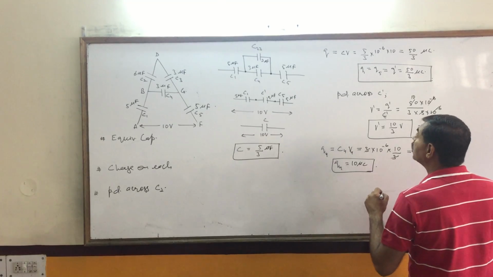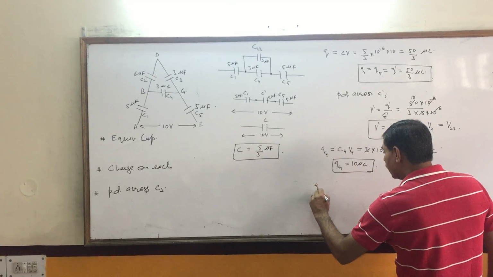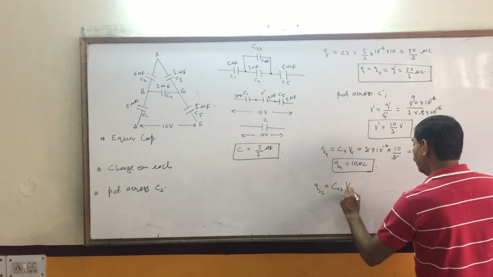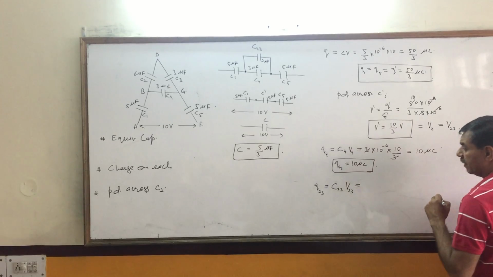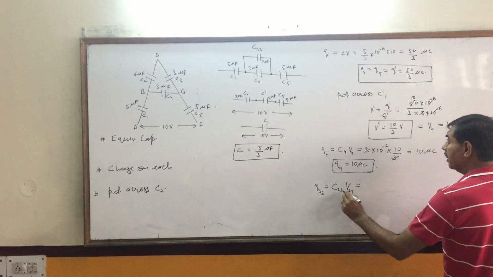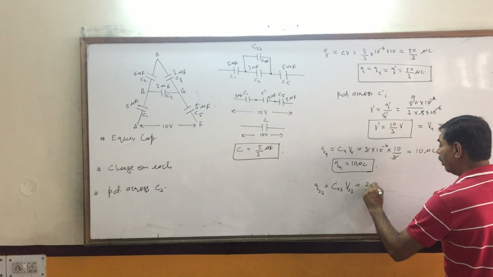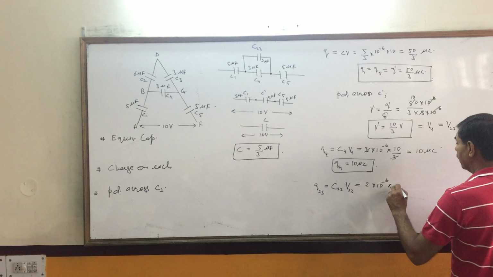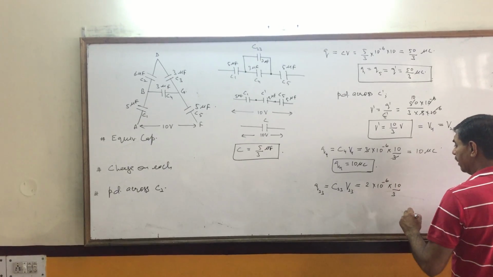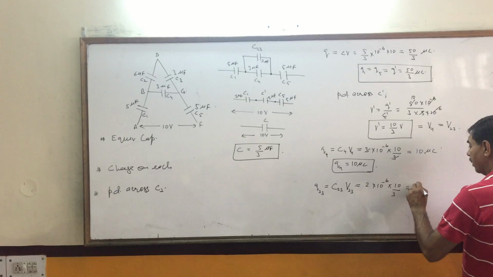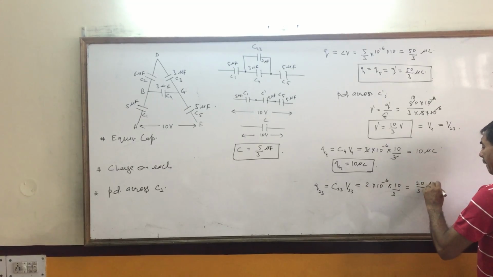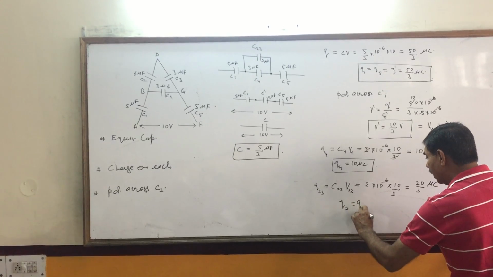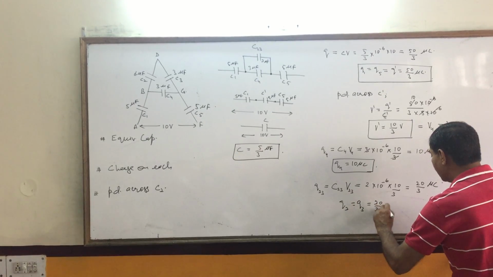Now I will determine the charge on C23, Q23, which is C23 into V23. V23 is the same as V dash. C23 is 2 into 10 to the power minus 6, and V23 is 10 by 3. This makes it 20 by 3 microcoulomb. Therefore, Q2 equal to Q3 equal to 20 by 3 microcoulombs.